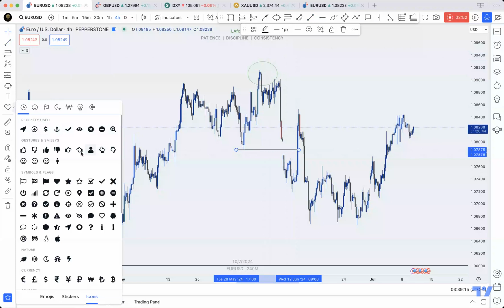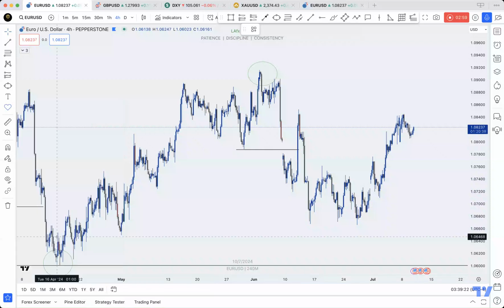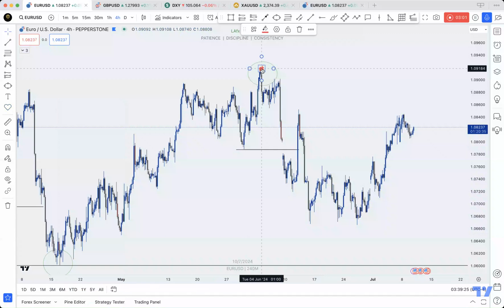Let me use this to annotate the internal flow. So on the 4 hour, this is our high. This is our low.